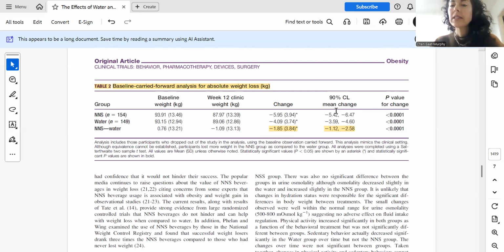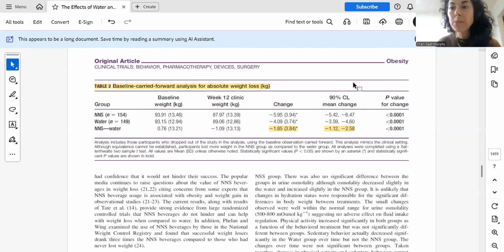Now, the mean difference says that we can say with 90% confidence that if you are one of those people who can be considered part of this population that was studied in that trial, following that exact protocol, you're going to lose between 5.42 to 6.47 kilograms if you follow the protocol for the non-nutritive sweeteners.